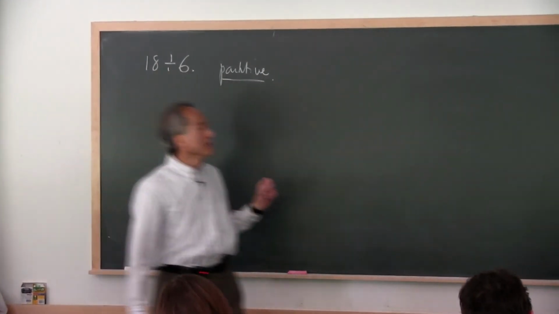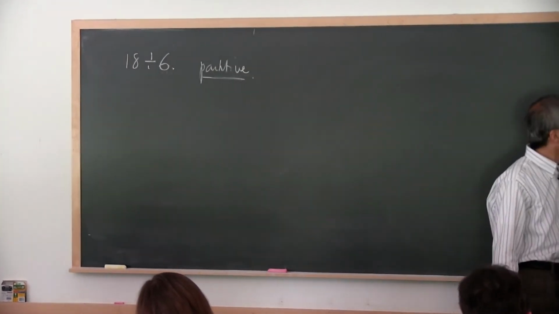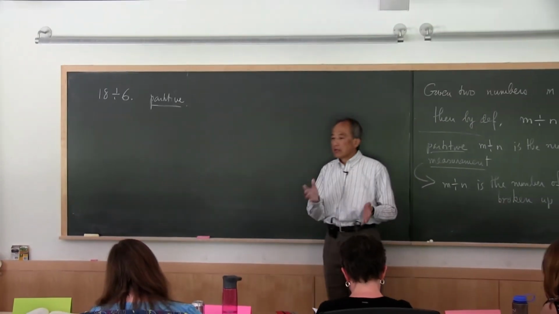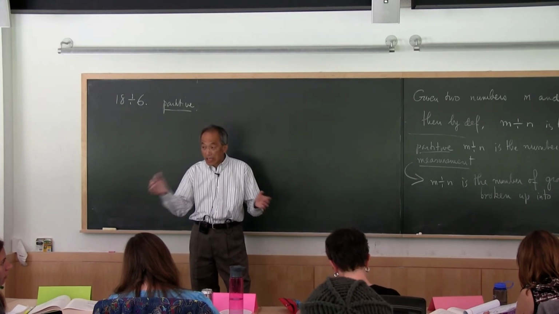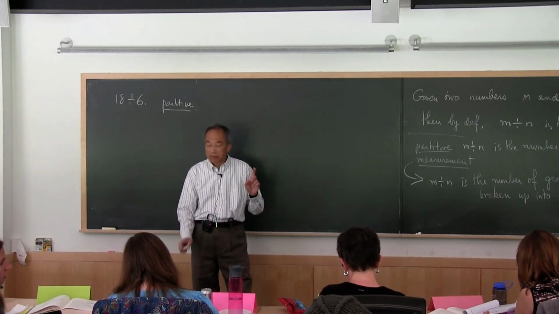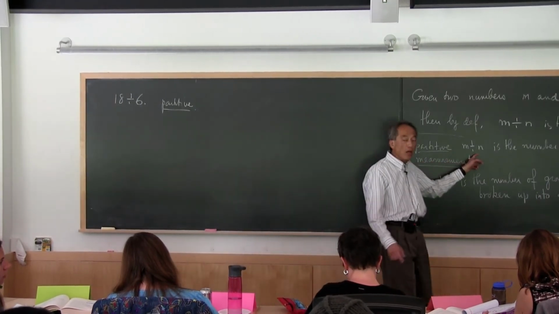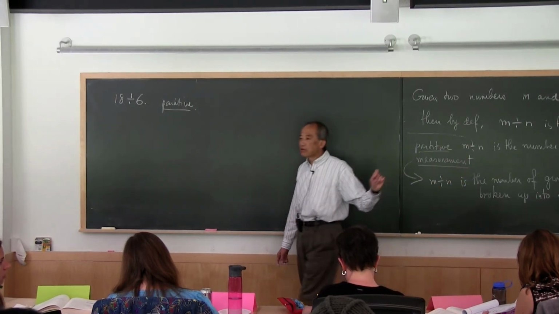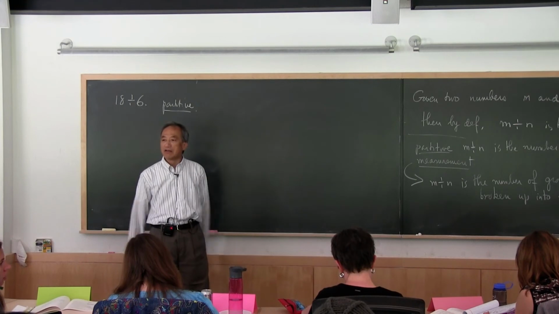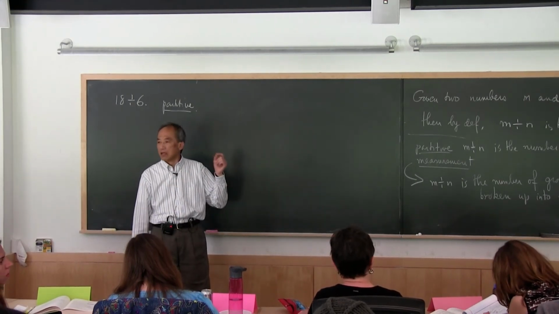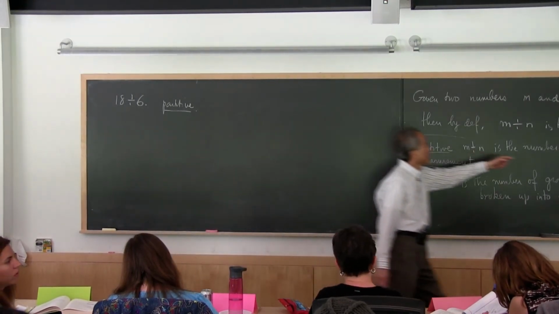The n, the divisor, dictates how you partition the objects, and that's why it's called partitive. Then look closely at each group and ask how many things are in there, and that's what the quotient k is.